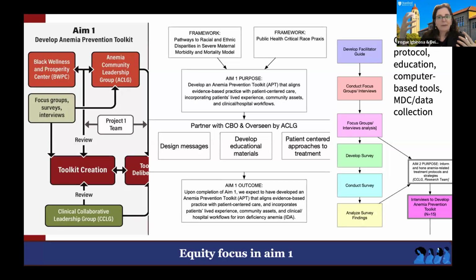assets. So where do people get messaging? Where do they get support for this being a problem? And also clinical and hospital workflows. I've mentioned that our clinicians are working on a protocol, education, computer-based tools, and then utilizing the maternal data center and data collection for measurable outcomes that we'll be able to track over time.